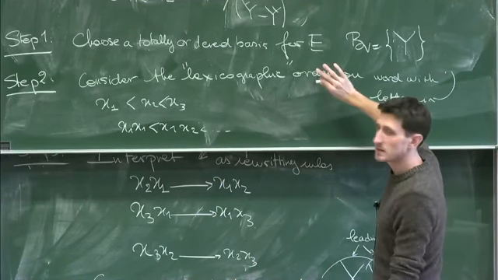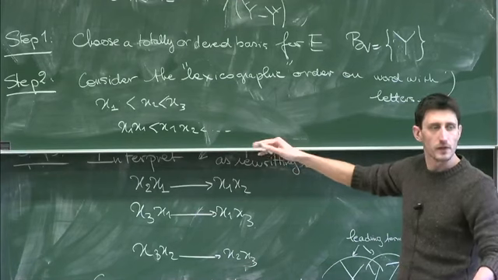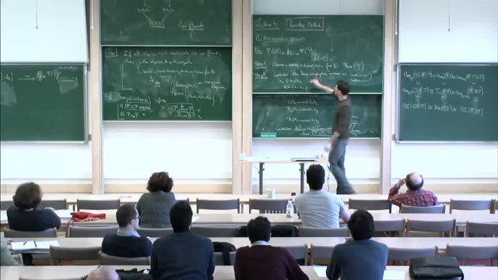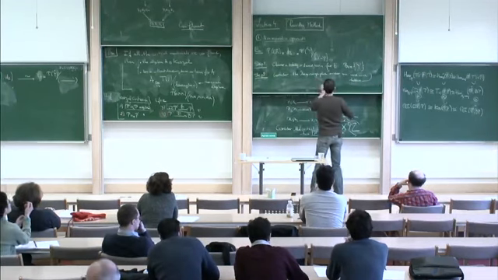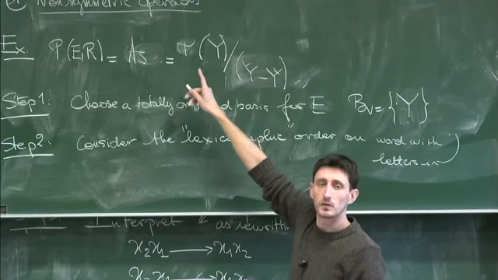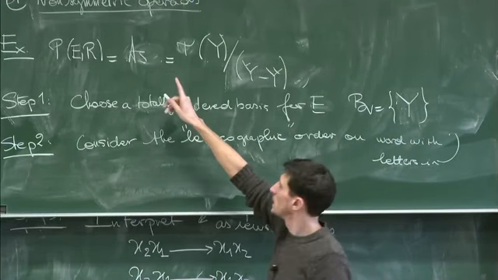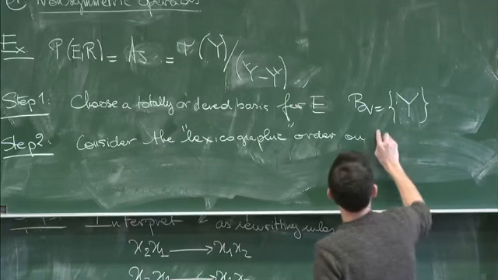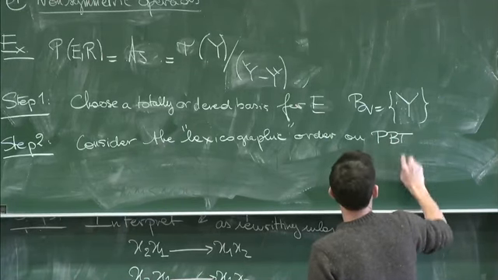Here, let me put that aside. I will explain that for symmetric operads. So here, let me just take a good order on, say, planar binary trees. Here, I specify that. I will explain you the full case later on.